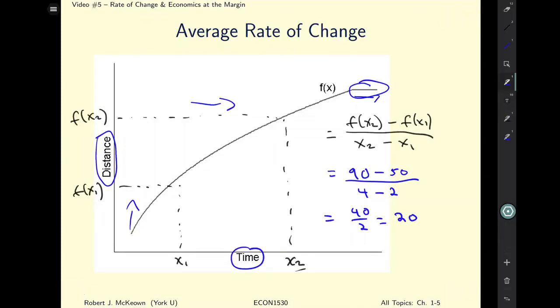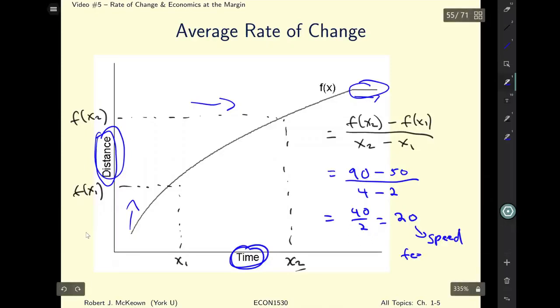What will we call the average rate of change if we're talking about time and distance? Well, this would be the speed, right? So maybe it would be feet, that's imperial units of distance, feet per second. Something like that. And that's an average rate of change that you're used to.